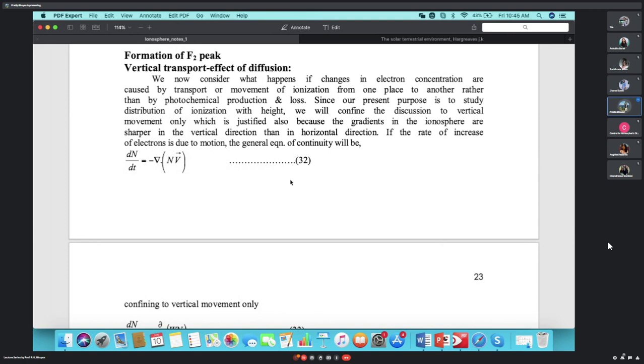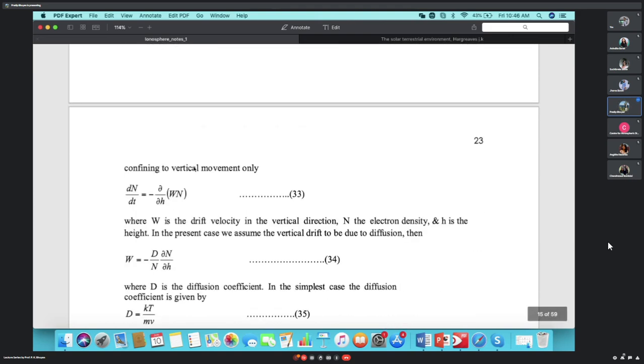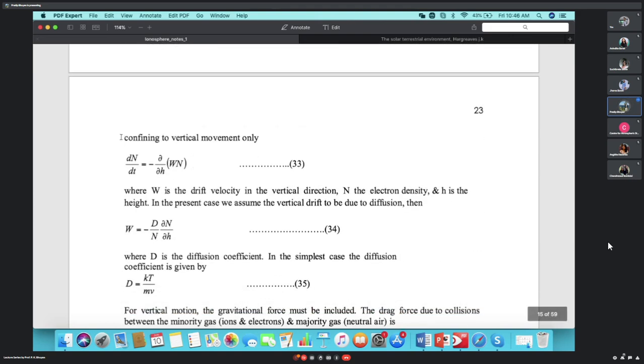So we can write the third term. For the continuity equation, the change in number density of electrons or ions with respect to time, dn/dt, is the divergence of nv, where v is your velocity. If we confine this to vertical movement only, then dn/dt becomes equal to minus del/del h of (wn).